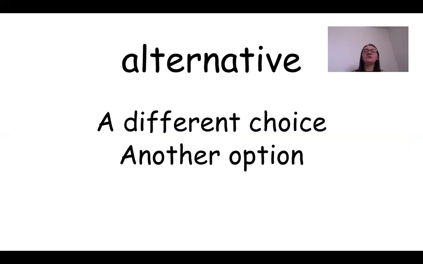All right, next word is alternative. Now we're going to be using this to talk about food and health. So when we use the word alternative and we're talking about food, it just means a different choice or another choice.